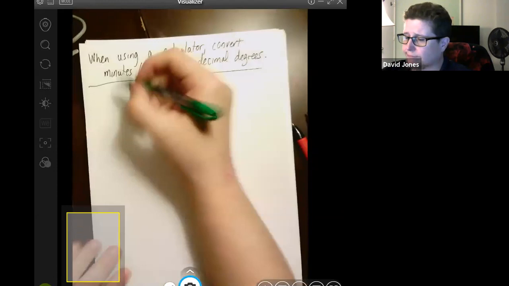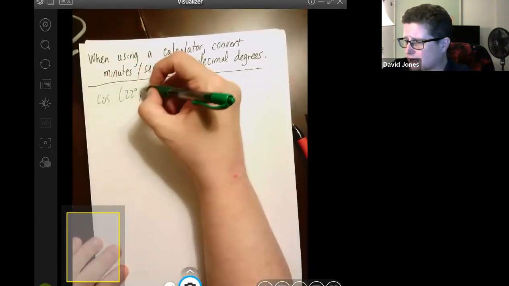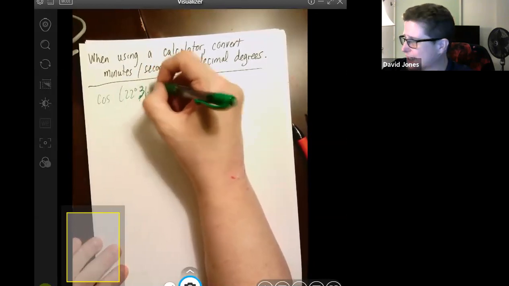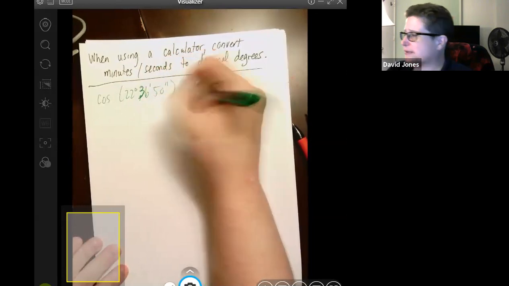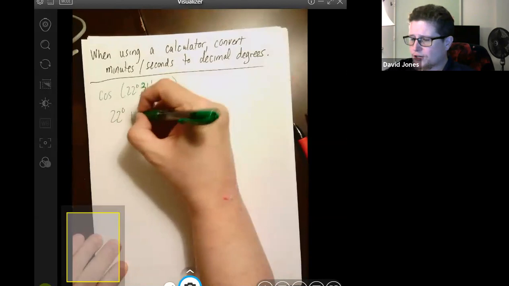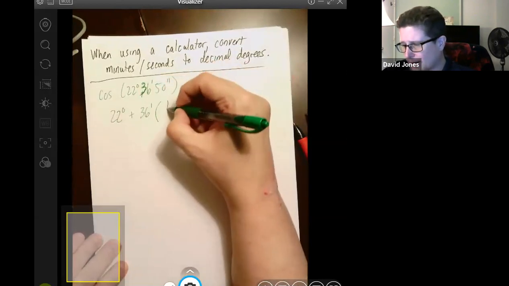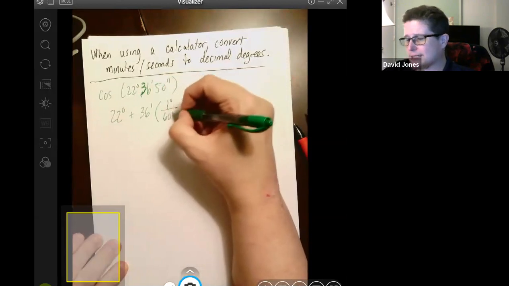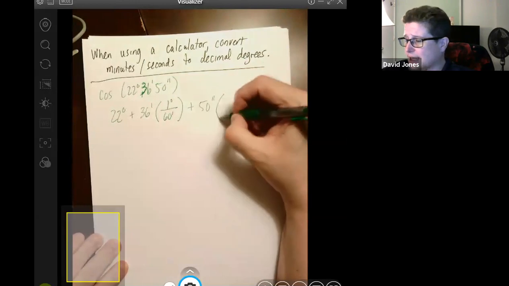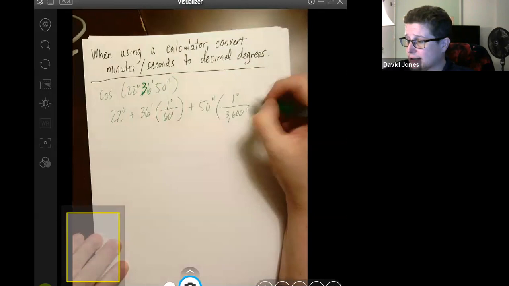For example, cosine of 22 degrees, 36 minutes, 50 seconds. We convert to decimal first. This is 22 degrees plus 36 minutes, and we multiply by 1 degree is 60 minutes. And then we have 50 seconds, and we have 1 degree is 3,600 seconds.